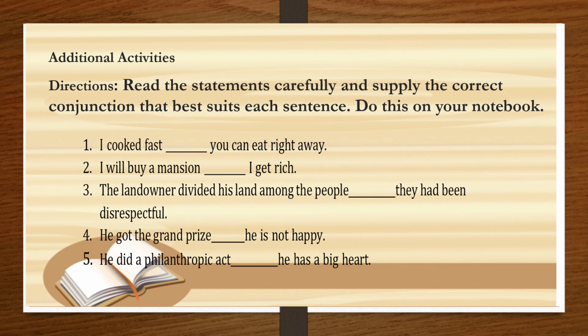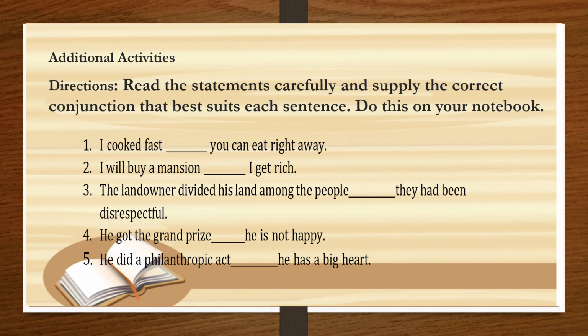And for additional activities, read the statements carefully and supply the correct conjunction that best suits each sentence. Do this on your notebook. Number 1, I cooked fast blank you can eat right away. Number 2, I will buy a mansion blank I get rich.